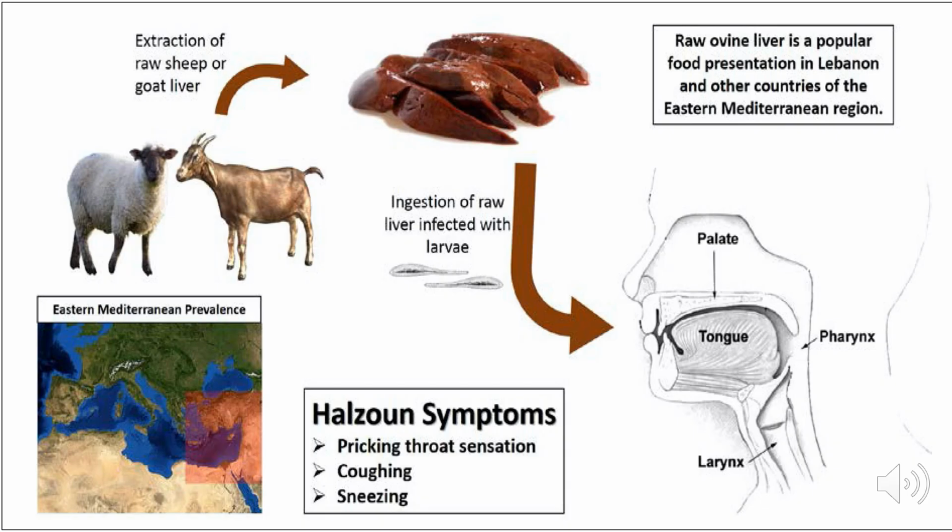Eating raw livers of goats and sheep can cause what we call pharyngeal fascioliasis. Adult worms may be temporarily lodged in the pharynx, causing obstruction. And pharyngeal fascioliasis is also known as Halzoun.